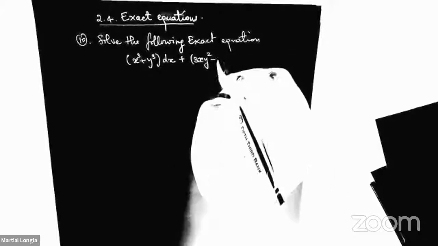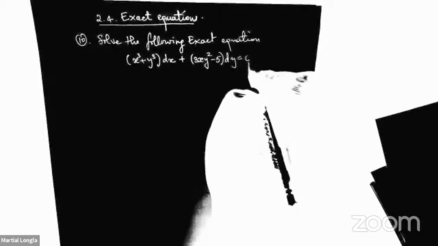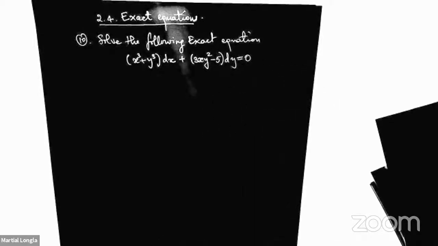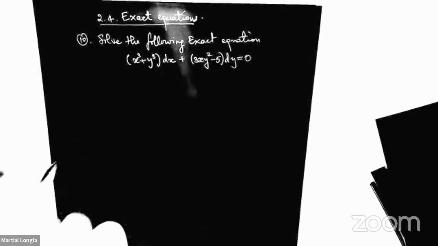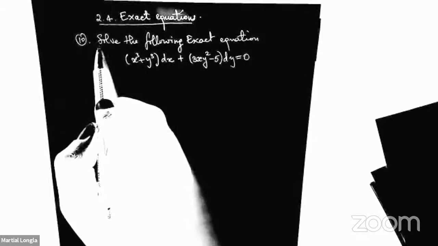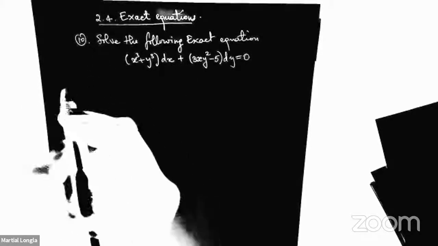And so the question here is x cubed plus y cubed dx plus 3x y squared minus 5 dy equals 0. Again, if the question says solve the following exact equation, then it is exact. All you need to do is solve.